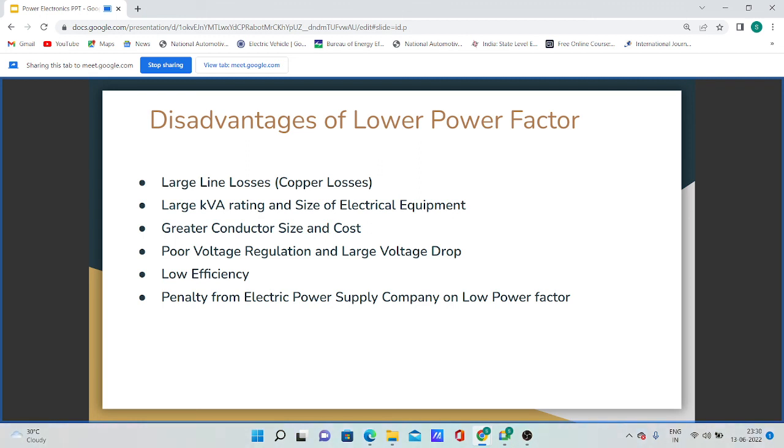Fourth is poor voltage regulation and large voltage drop, as well as low efficiency. With low power factor there will be a large voltage drop and large line losses, and this will cause system or equipment efficiency to be too low.